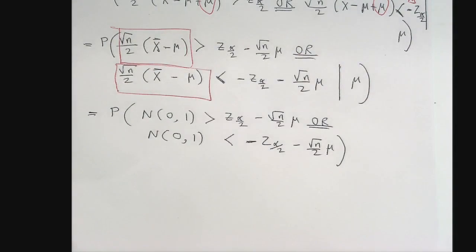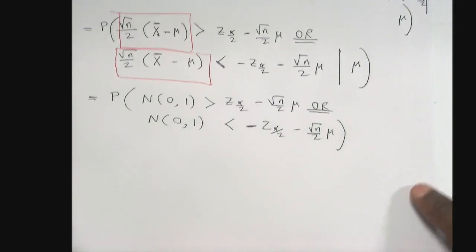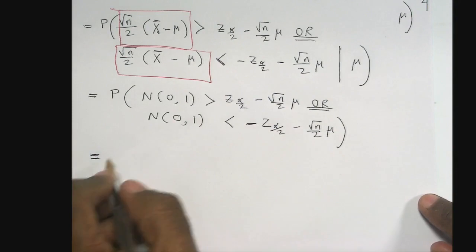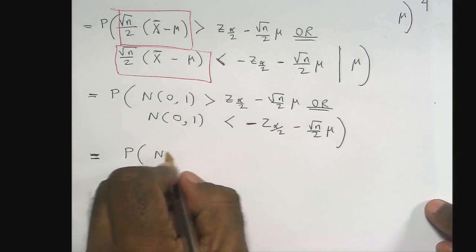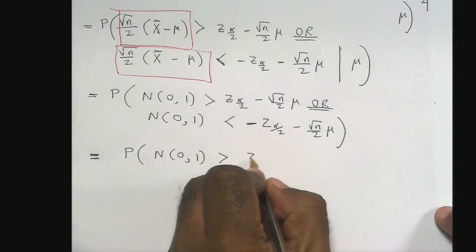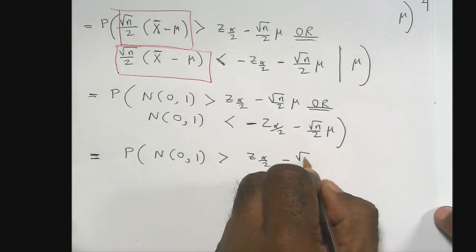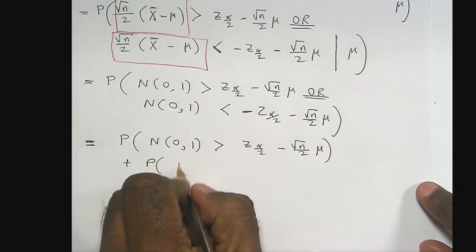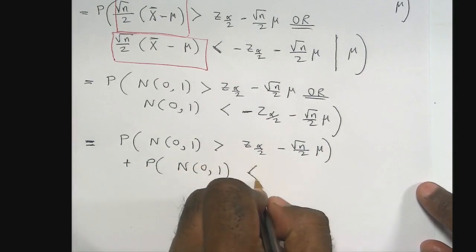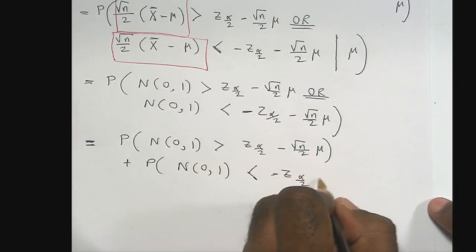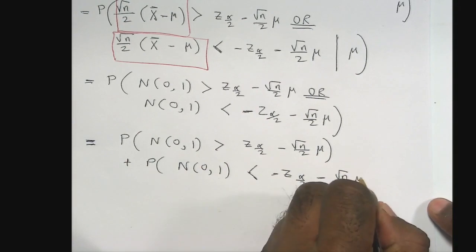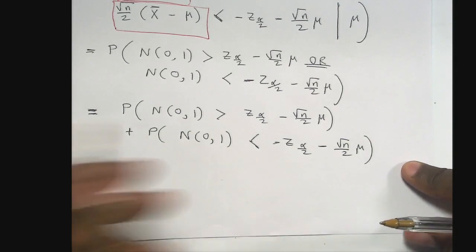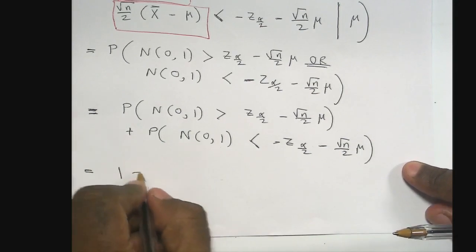In the final step, because these two events are mutually exclusive, we can write this as a sum. And if you need one more step, you can write this in terms of the phi function.